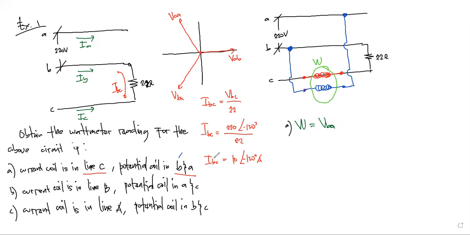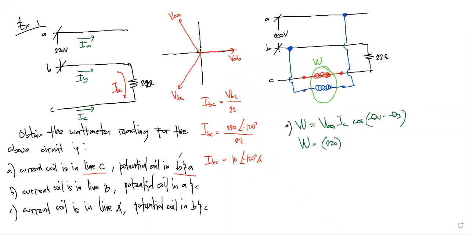Because it's connected to B and A. Multiplied by the magnitude of the current IC. Why IC? Because the current coil is in line C. Multiplied with the cosine of theta V minus theta current. So the wattmeter indication is the magnitude of VBA, that's 220.